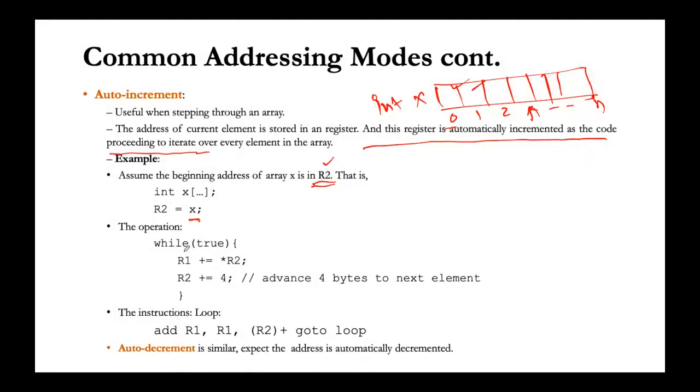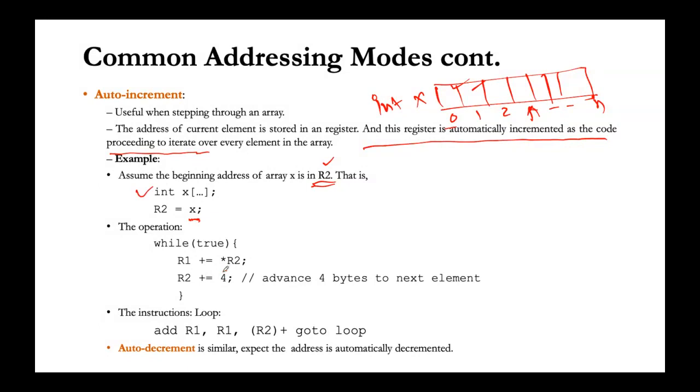For that, the while code will be written in C language as while true, then increment the register R2 value by 1, and it advances by 4 bytes because we are using the integer type.